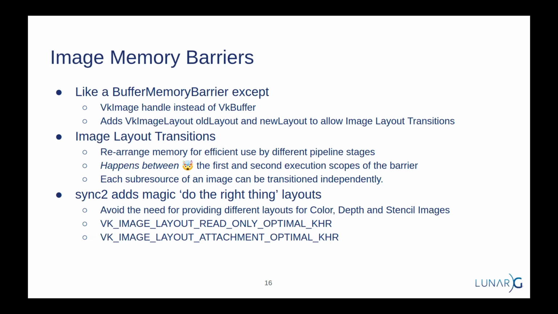So you have a read-only optimal layout that will do the right thing for a color, depth, or stencil buffer, and same with attachment optimal. That is just another quality of life thing where the implementation figures out what you mean based on what type of image it is behind the scenes, and helps you not have to type.